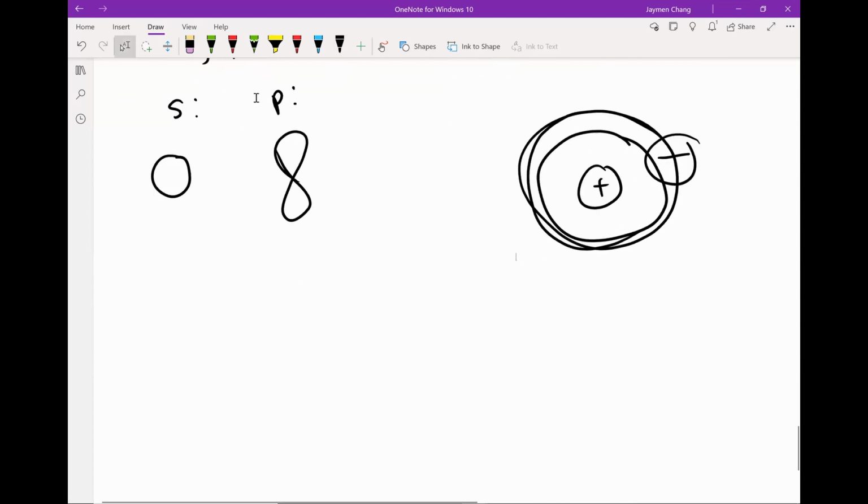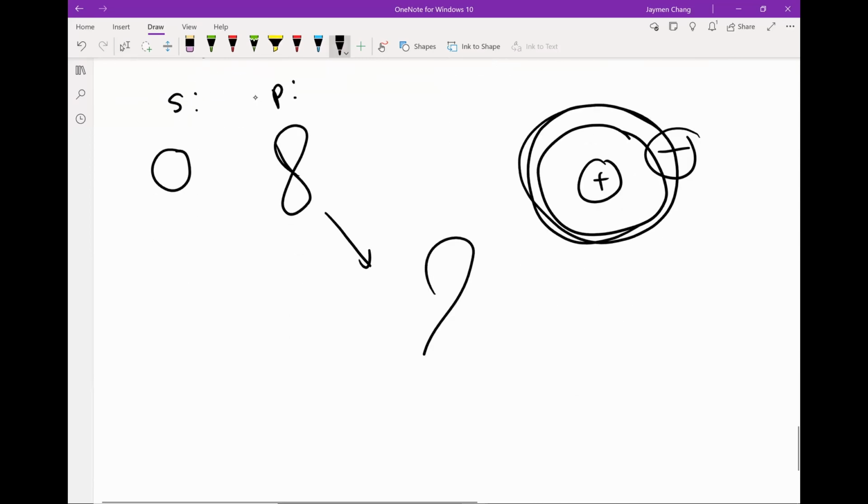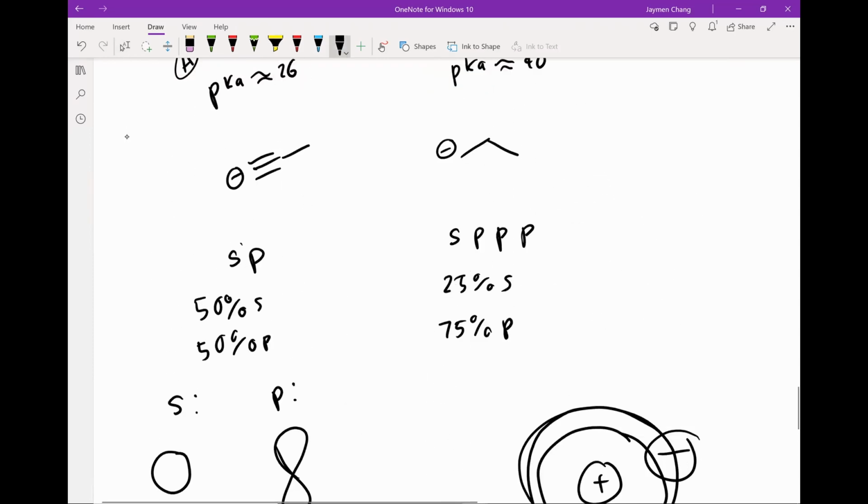However, if we look at the p orbital, you can't actually go to the nucleus because there's a node there. So the negative charge is actually going to be further away from the nucleus. Okay. So what we'll see is that when something has more S character, it actually becomes better at stabilizing negative charge.